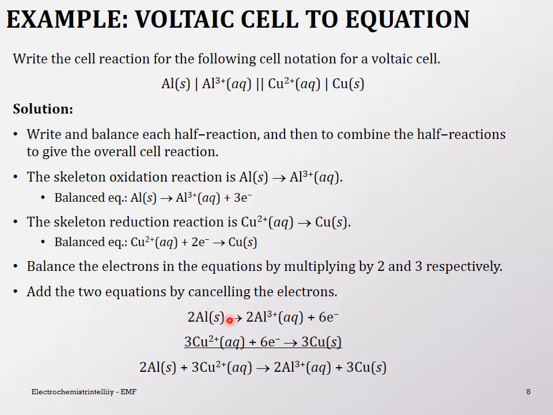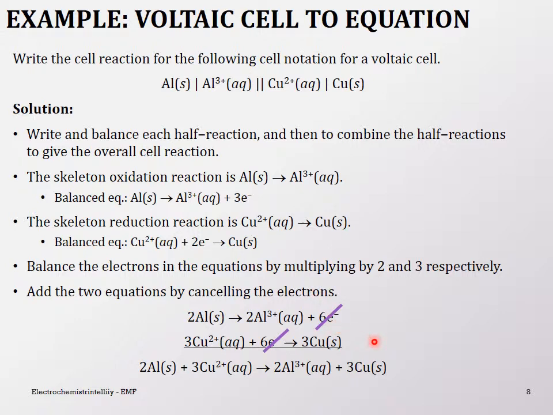After you multiplied them, the first equation is multiplied by 2, so this is what we have. The second equation with copper is multiplied by 3, and this is what we have. And so then you cancel out your electrons on the right hand side and the left hand side, and that gives us this final equation.